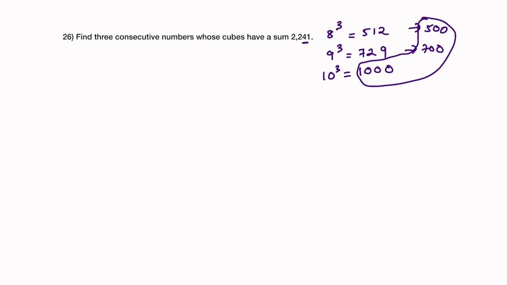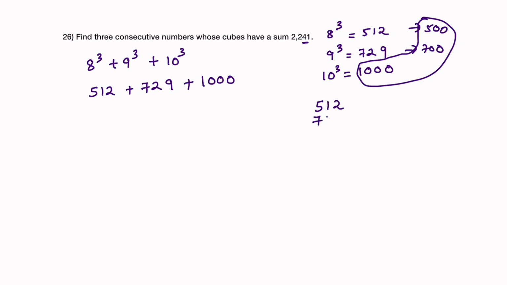So let's add them. 8 cube plus 9 cube plus 10 cube. So 8 cube is 512. 9 cube is 729, and that's 1000. So we add now. So let's do this. 512, 729, and 1000.